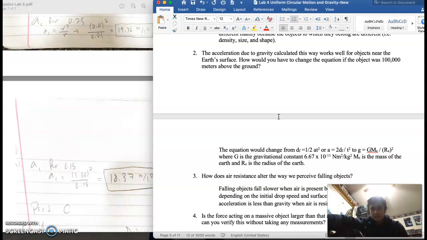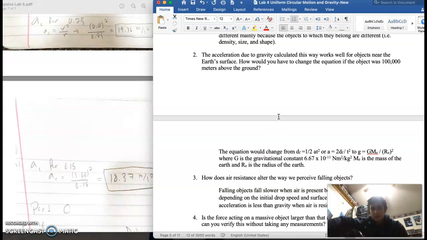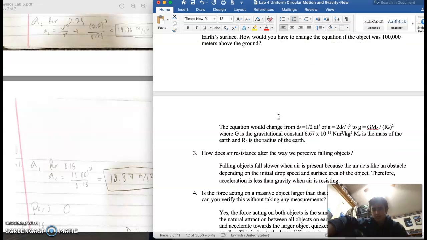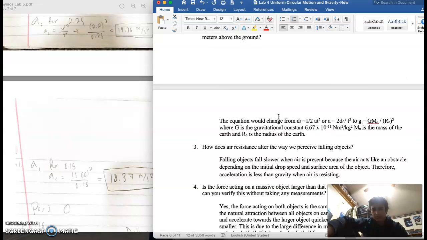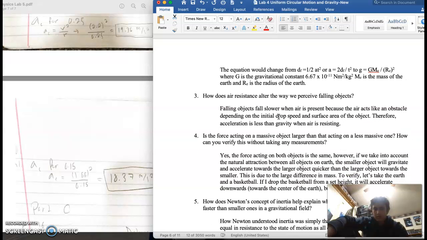The equation would change from acceleration equals d over one half t squared to GM over r squared, because of the Earth having that gravitational constant, the Earth's radius, and then the mass of the Earth. So change from that to that if you put it on an Earth scale.